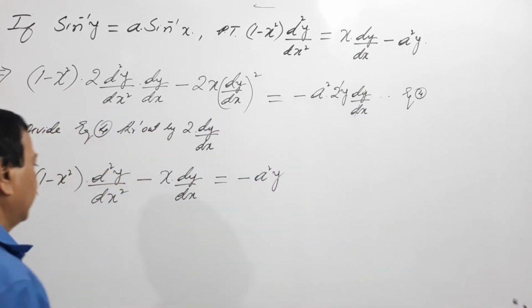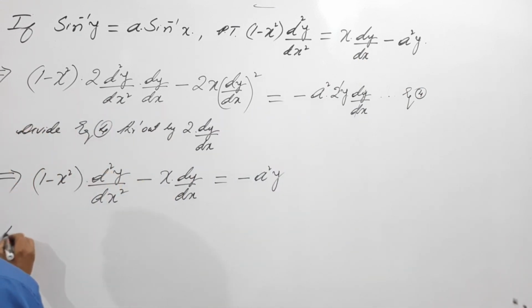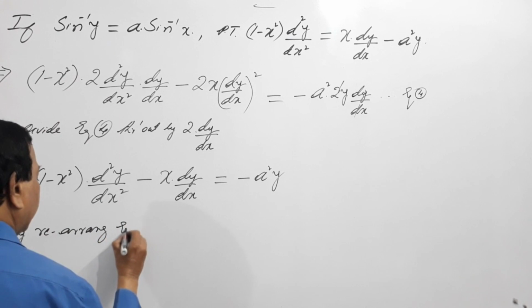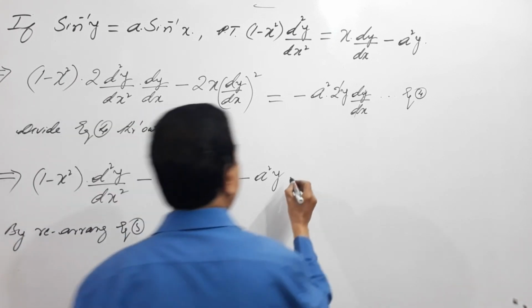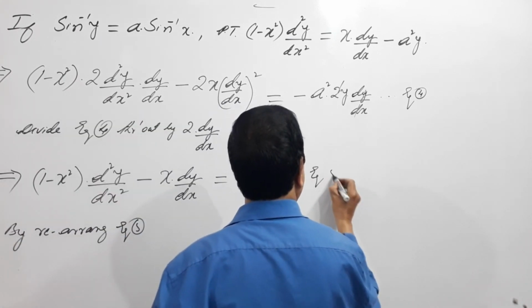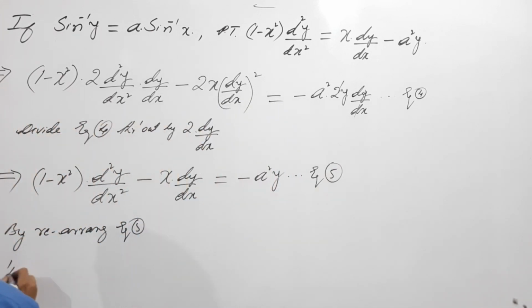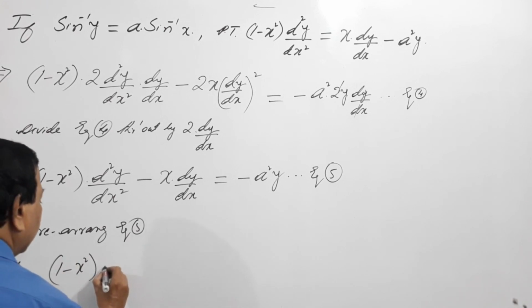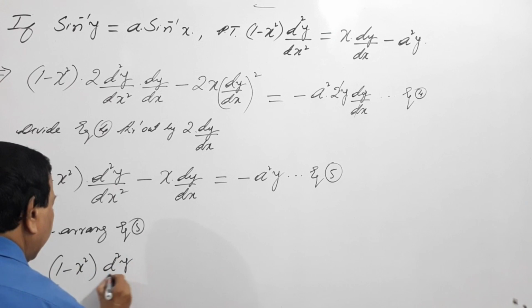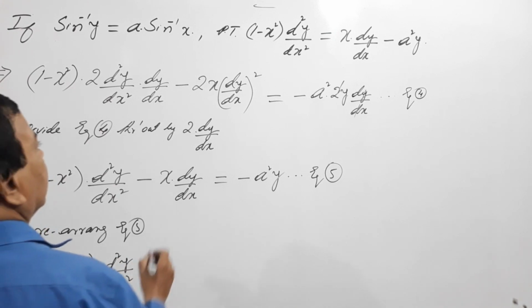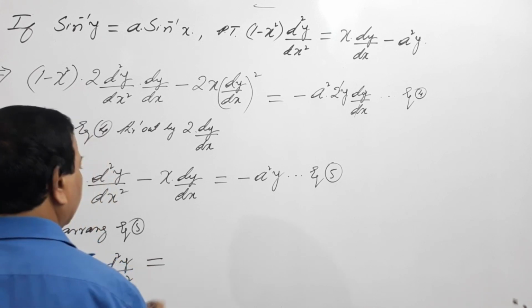So by rearranging, I call this equation 5. What happens?